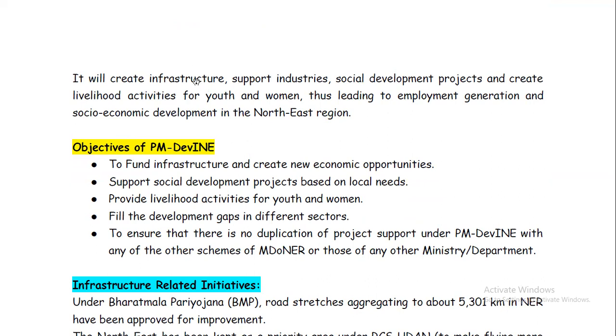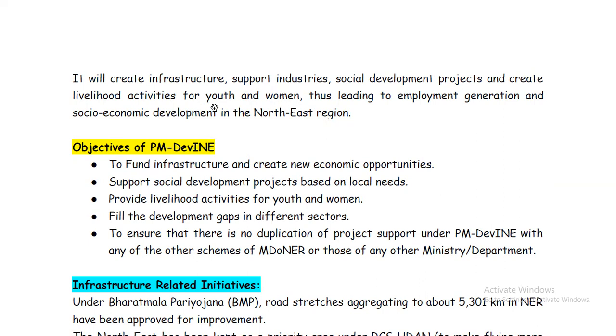What this scheme will actually bring is that it will create infrastructure, because the Northeast is somehow lagging behind because of infrastructure. We need some good infrastructure, right? At one side, the Act East Policy is going to be implemented, and for its successful implementation, we need very good infrastructure in the Northeast. So the PM-DevINE scheme will create infrastructure, support industries, social development projects, and create livelihood activities for youth and women.